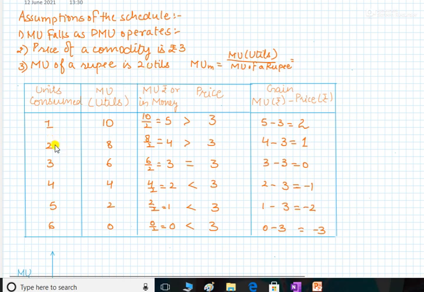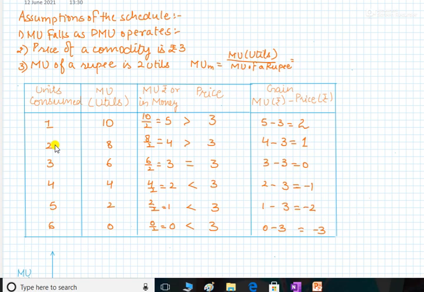And look at first, when a consumer consumes the first unit, he gets a total utility equal to 10 utils, and the price he pays is rupees 3. It means what he is paying is 3 rupees and what he is getting is 10 utils. Now the marginal utility of a rupee is 2 utils. It means for him 1 rupee is equal to 2 utils.